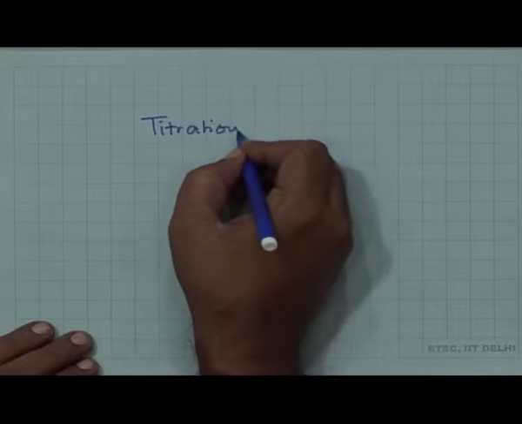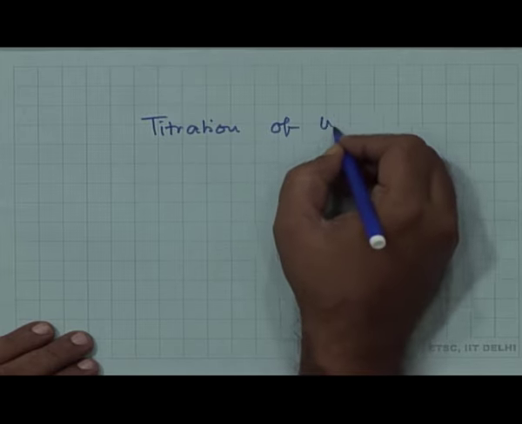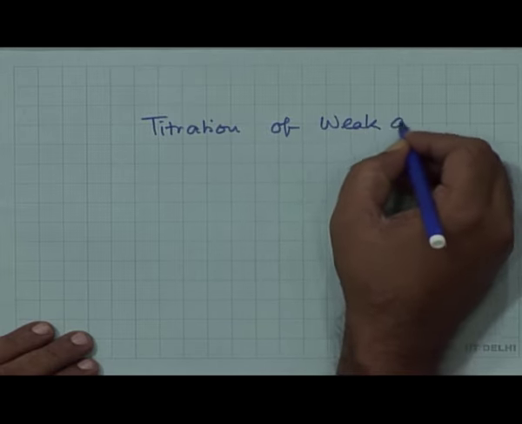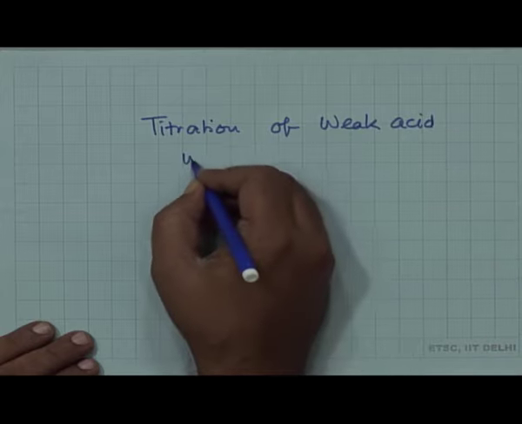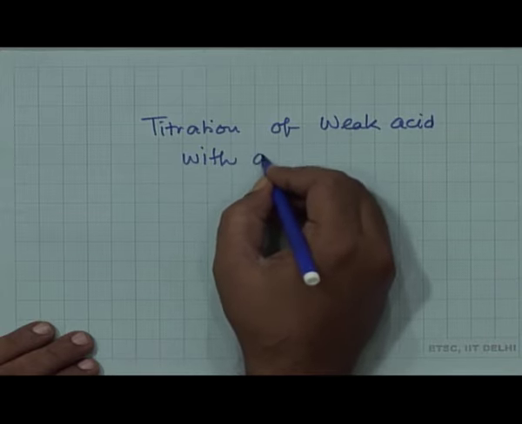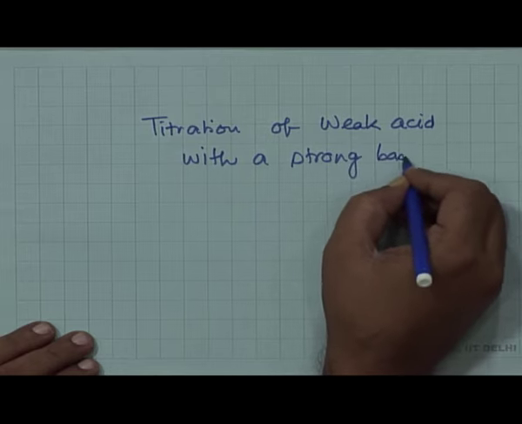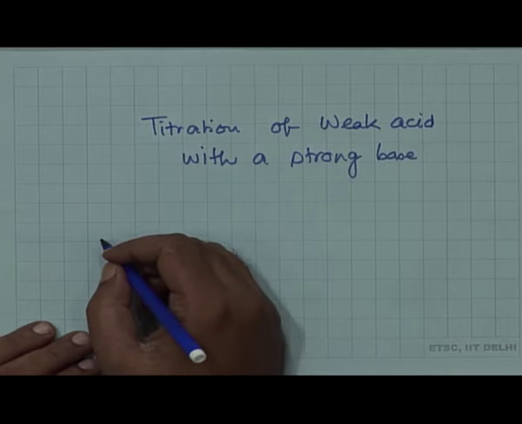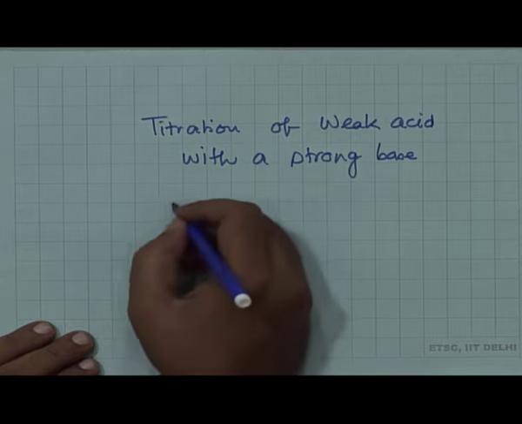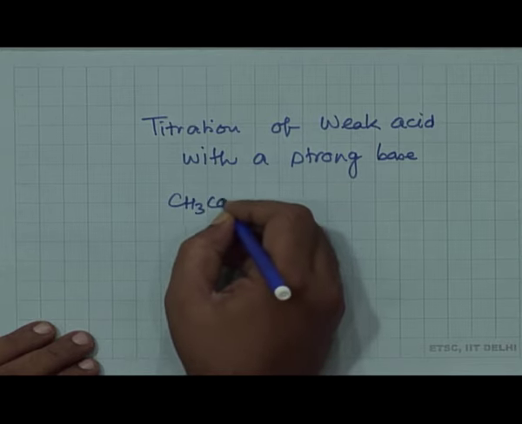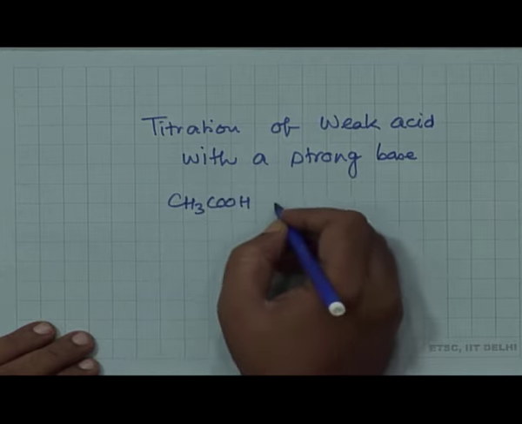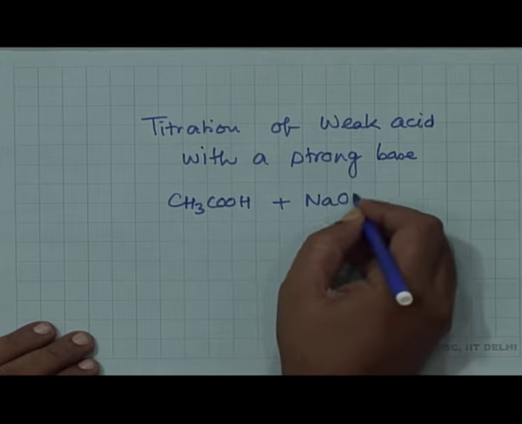So, let us go back to titration of a weak acid with a strong base. For example, acetic acid with NaOH.